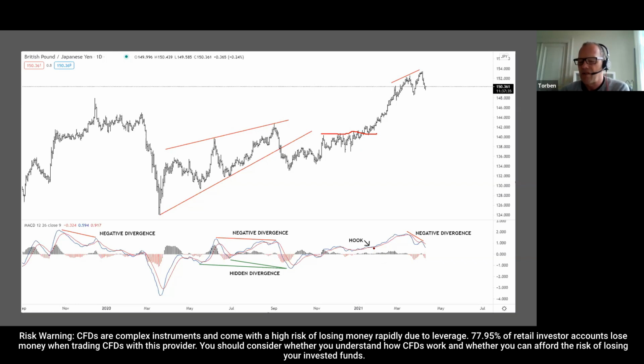So a bit like the hidden divergence, telling you, okay, the next move that is coming should be a pretty strong one. The hook here could be a signal saying, okay, we're already going back into the uptrend, but now when the hook is there, it should start to accelerate as it does here.